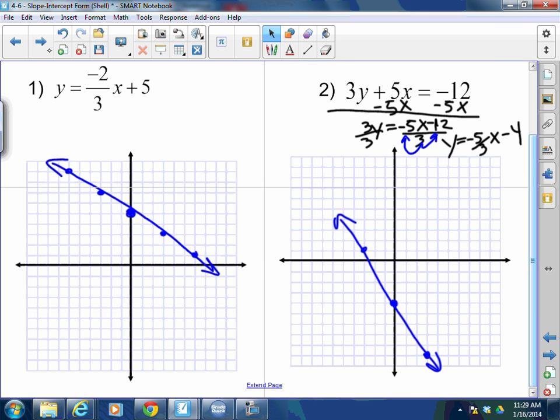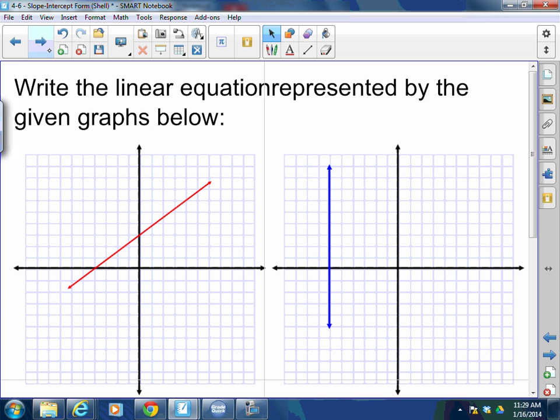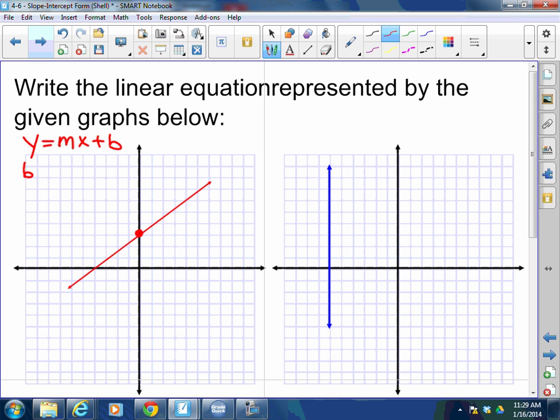Now, last thing before the bell rings. I can tell you to reverse all of this. I can give you a line and say, what's the equation of the graph? Well, think about it. I need a slope and a y-intercept, right? What's my y-intercept here? 3. So my b is 3.